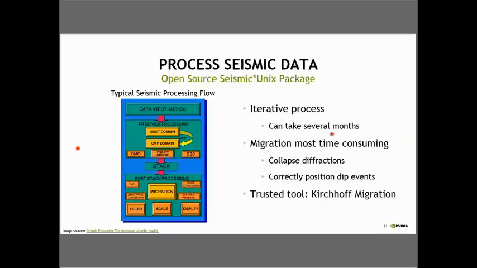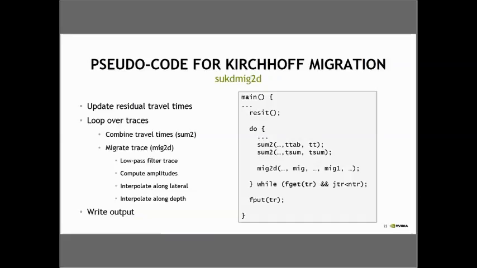So to talk a little bit more about what's going on with the Kirchhoff migration, the name of the package inside of many of these modules is called SUKDMIG2D. And this is just pseudocode that gives you a sense of what is going on in the code. From the main program, you obviously input the data set, but then they're updating what are called residual travel times.